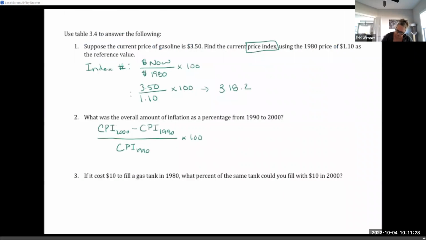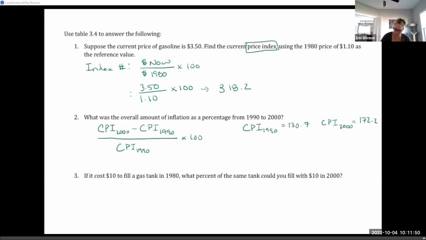Again, the CPI in 1990 is equal to 130.7, and the CPI in 2000 is equal to 172.2.